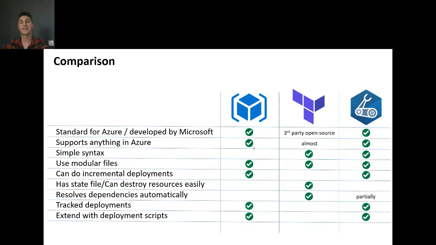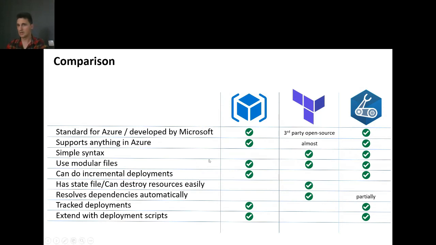So anything that you build in Azure or new features or new services are directly supported and available in ARM and in Bicep. In Terraform, you have to wait until HashiCorp, the Terraform creators, support it as well, right? So you might end up in the situation in which some resources cannot be built through Terraform.